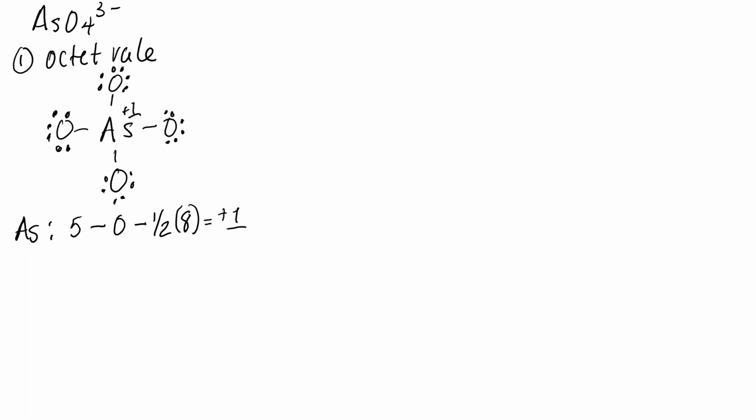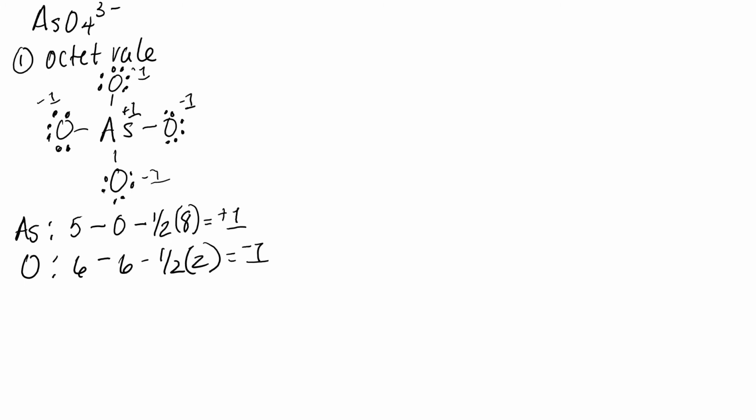We've got the least electronegative atom has a plus charge on it, and we look at oxygen for this bonding pattern. 6 minus 6 minus 1/2 times 2 gives me a -1. So all of these oxygen atoms have a formal charge of -1.